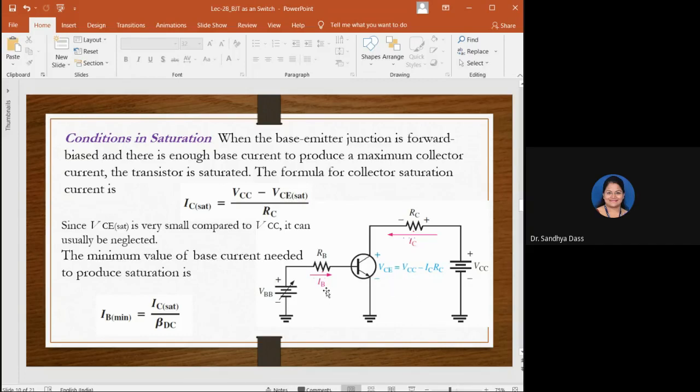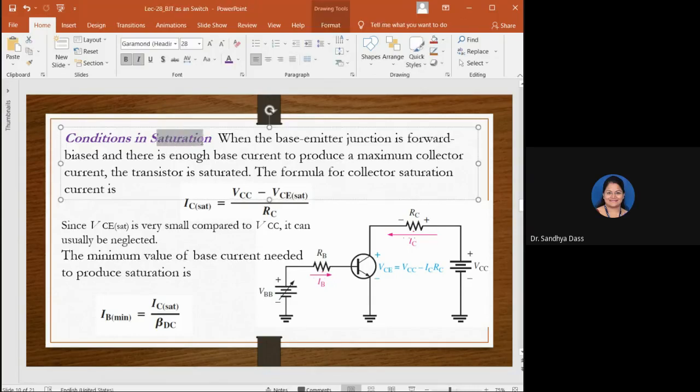For a particular value of base current, the saturated collector current can be obtained by this expression. This is the condition of saturation, when the BJT is in the saturation region.